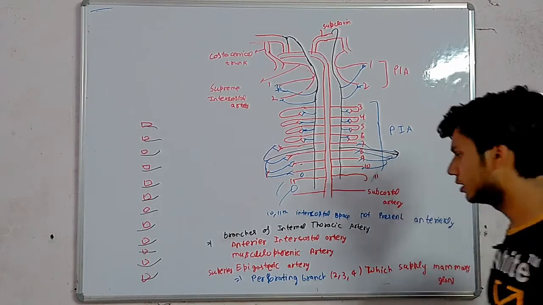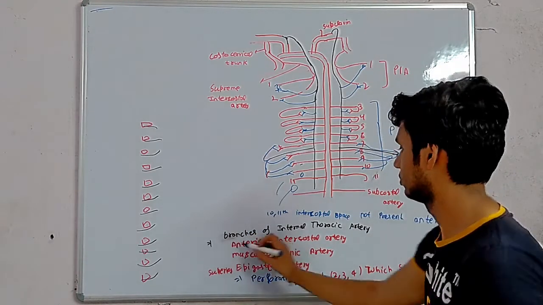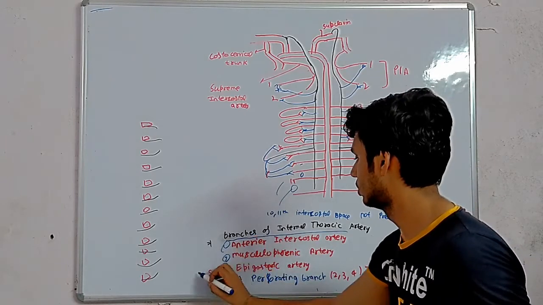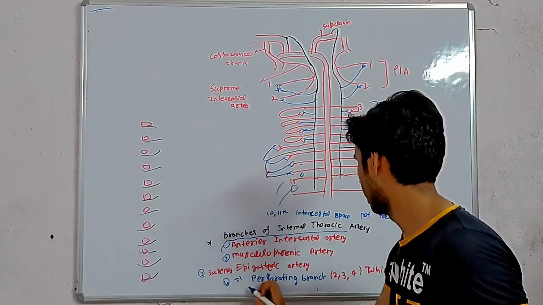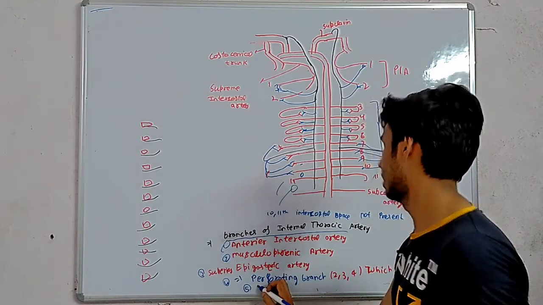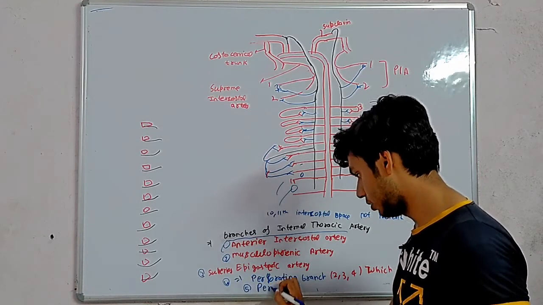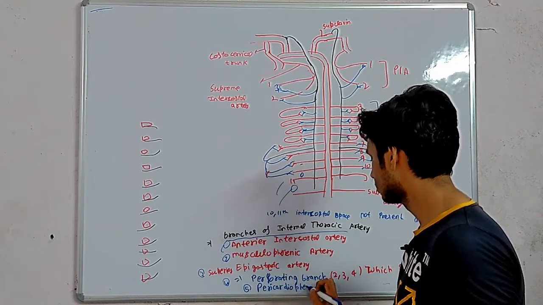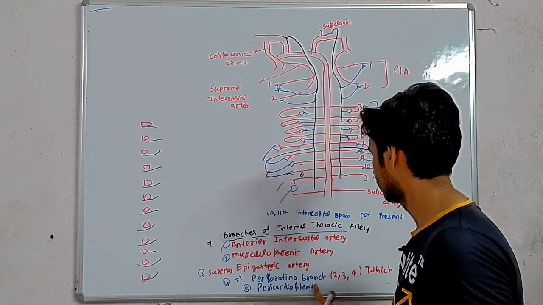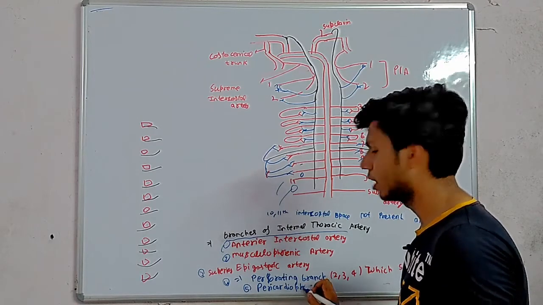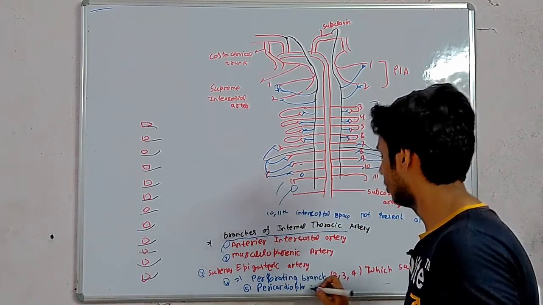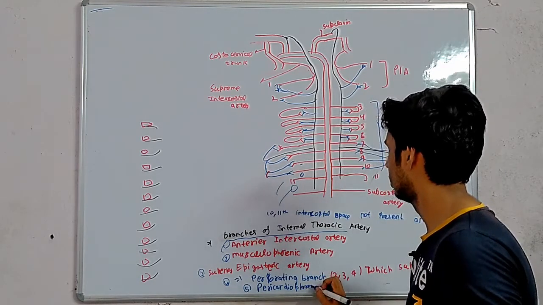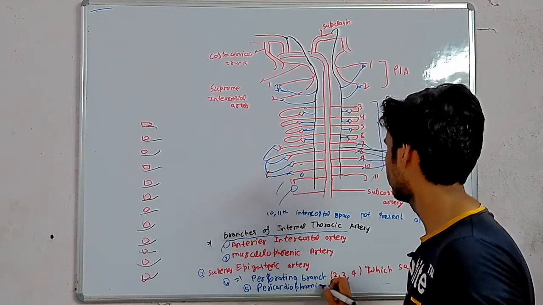Then the fifth is the pericardiophrenic artery, which runs with the phrenic nerve and goes to the diaphragm and pierces it. It also supplies the pericardium.